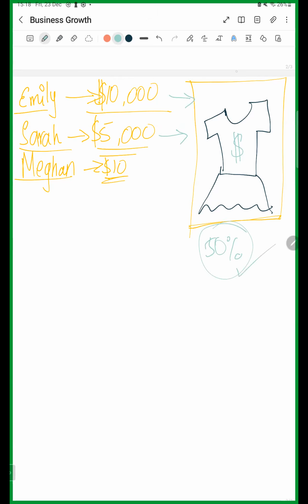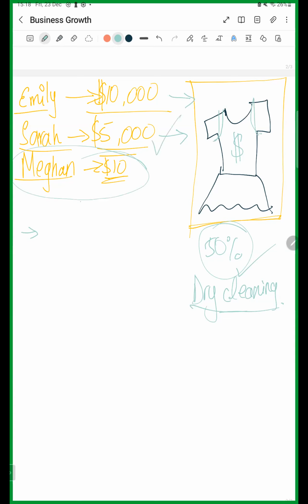So when Sarah says, hey, you can't give this for dry cleaning, you will have to listen to her because she is a part owner of your dress. But if Megan says, I think the dress will look better if you cut the sleeves and make it sleeveless, you wouldn't listen to Megan, but you will listen more to Sarah.